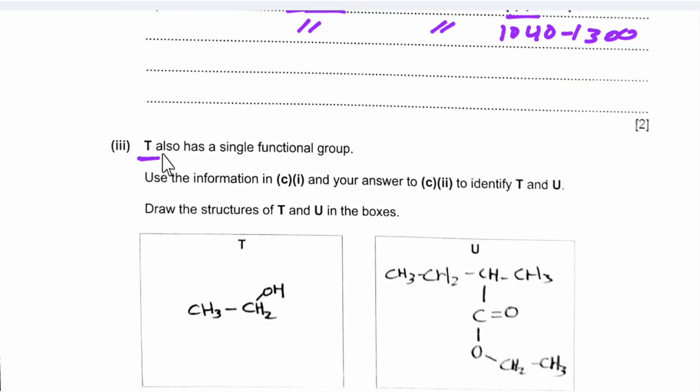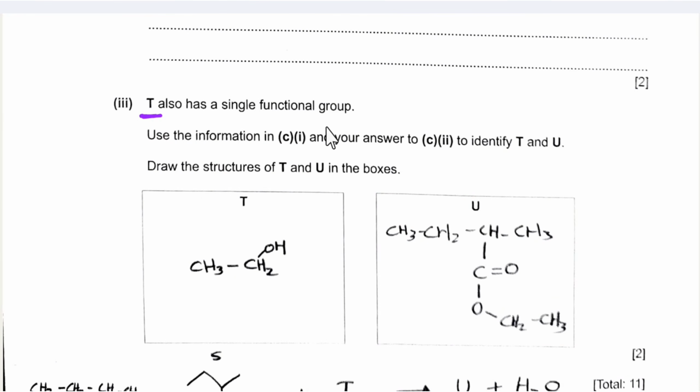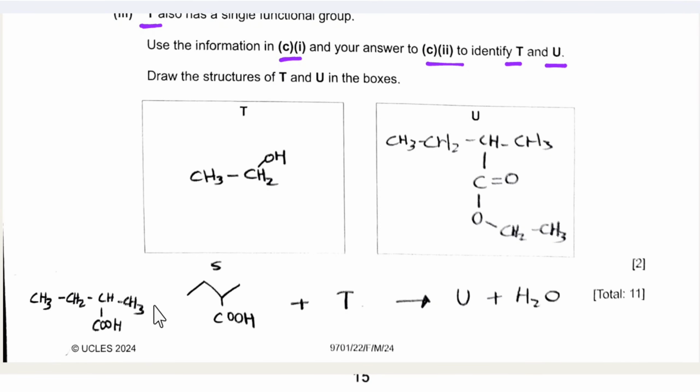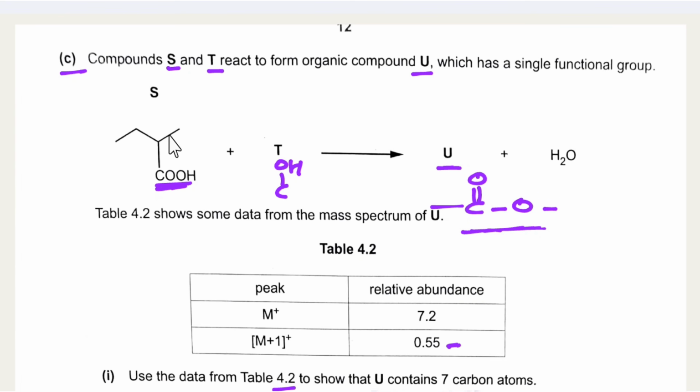Then T also has a single functional group. Use the information in C1 and C2 to identify T and U. So this is the equation. In this equation we have been given that S reacts with T to form U and water.